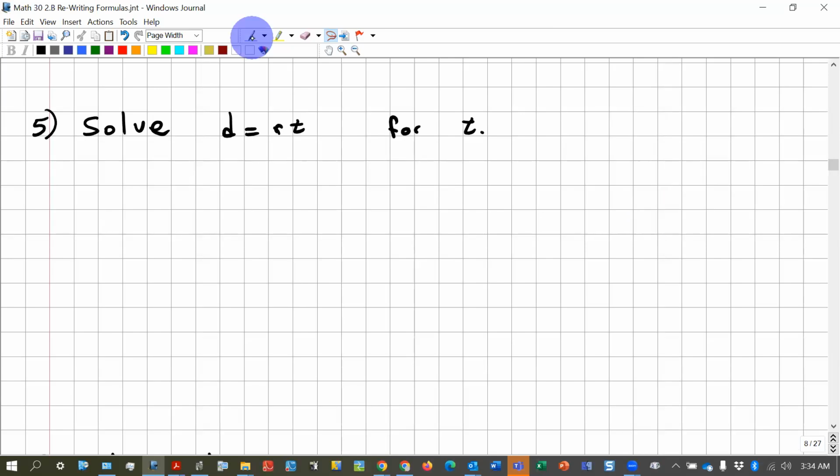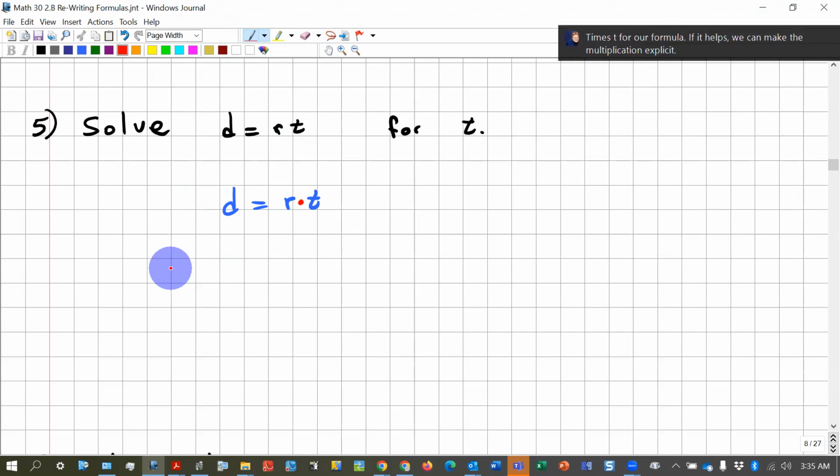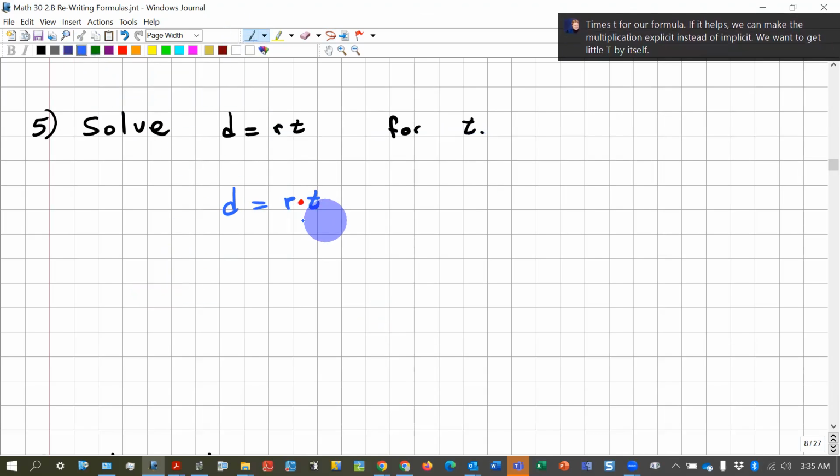In problem 5, we've got D equals R times T for our formula. If it helps, we can make the multiplication explicit instead of implicit. We want to get little t by itself. Little t is on the right.